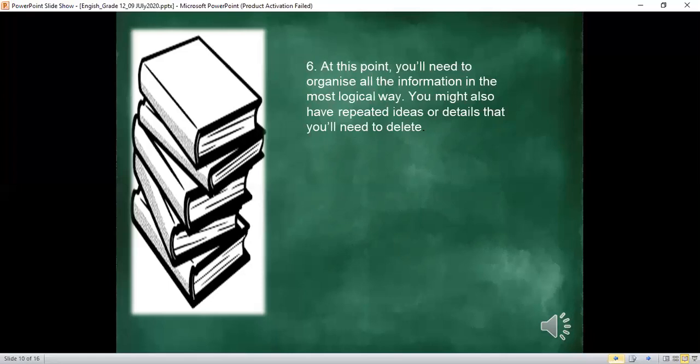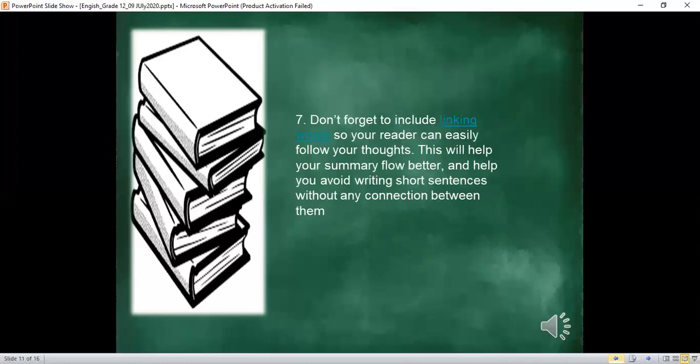Also, you're doing so to allow your summary to be organized and follow a logical order, so that when the audience or whoever is going to be reading can really flow through the summary and understand what's really going on.